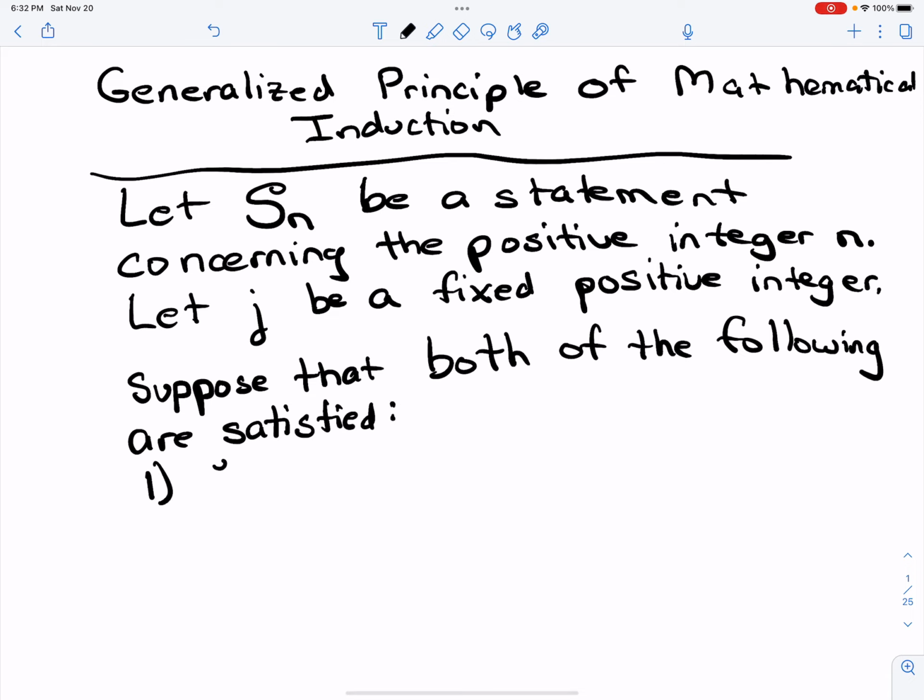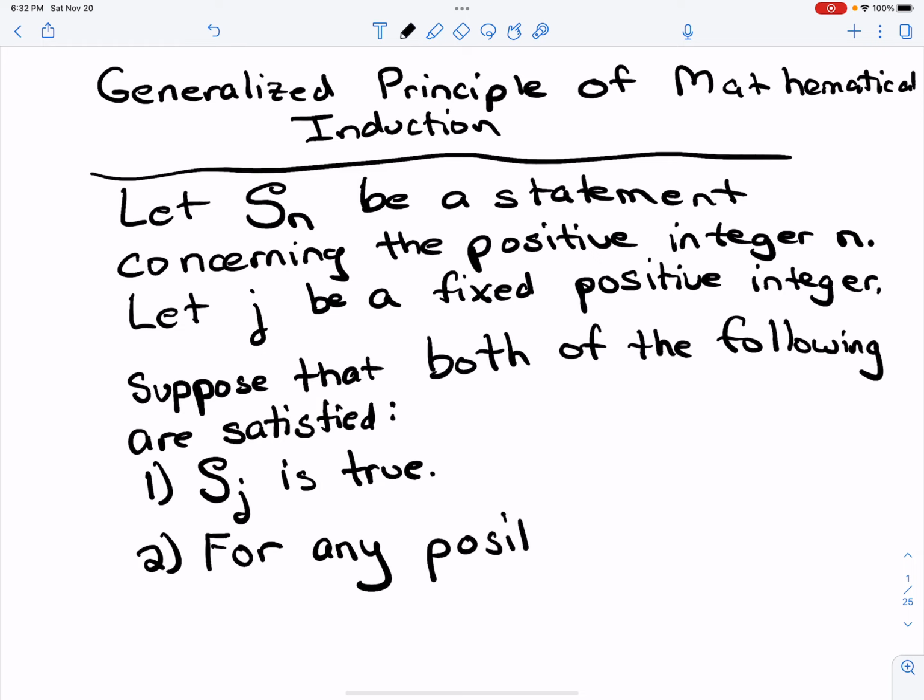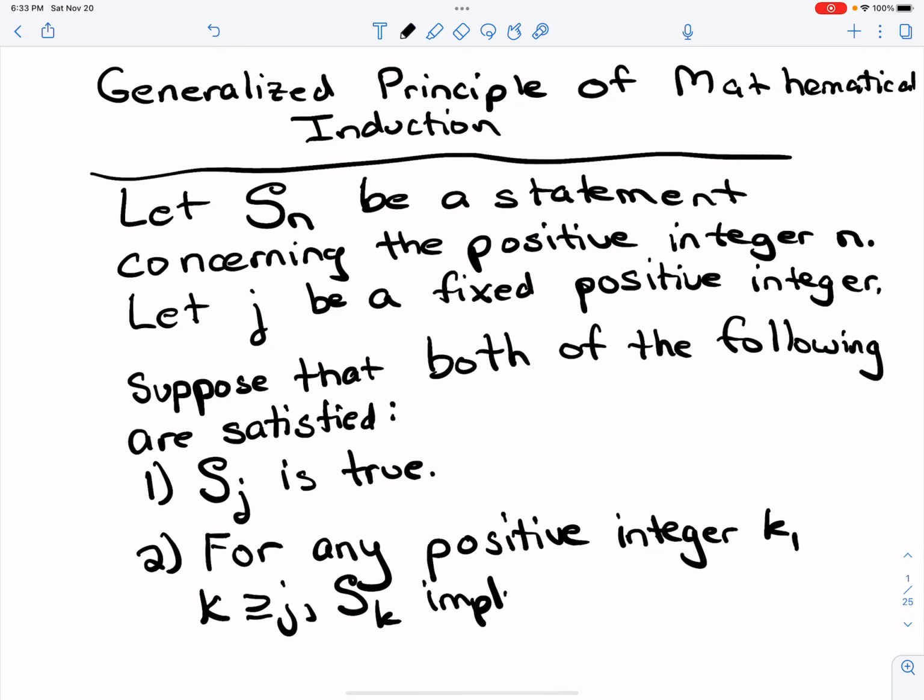One, S sub J is true. Two, for any positive integer K, where K is greater than or equal to J, S sub K implies, this is the important key, S sub K plus 1.